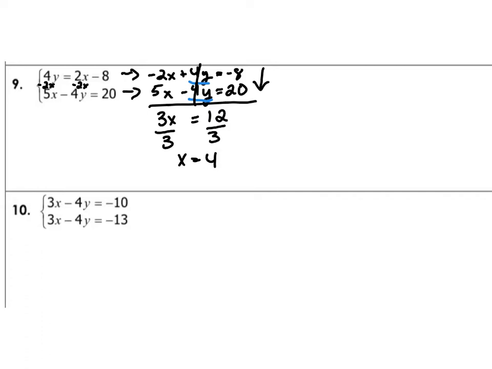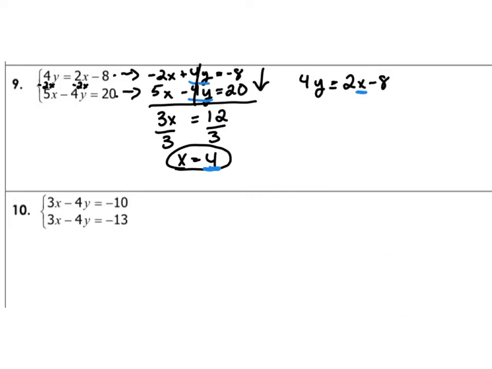And then now we need to pick one of the two original equations, either one. I'll just use the top one. So 4y equals 2x minus 8. Take this 4 right here, plug it in for the x.